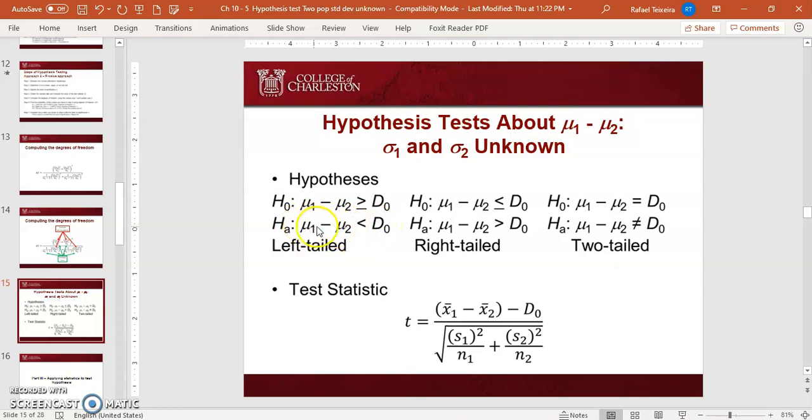So if the difference in means for the alternative hypothesis has to be smaller than 0, then it has to be left tail because it's a negative number. If this difference is higher than 0, then it's upper tail, like in this case, because it's a positive number. And if we have a problem that asks for the difference, then it's a two-tail test, and this is the test statistic.